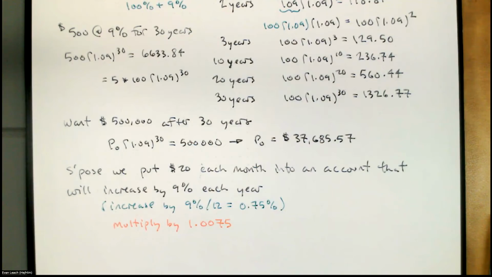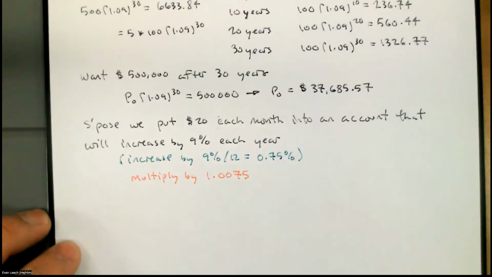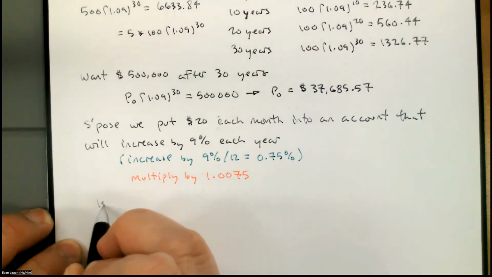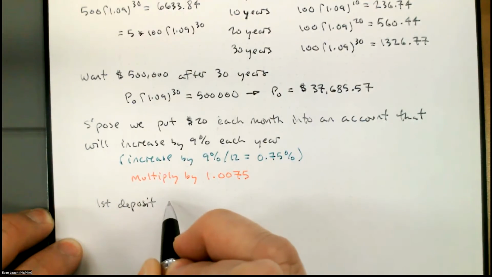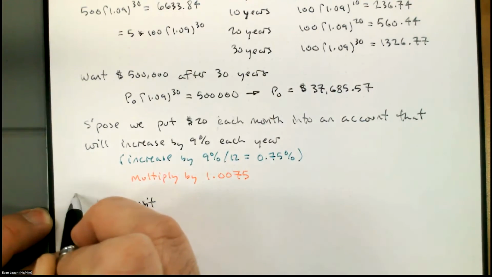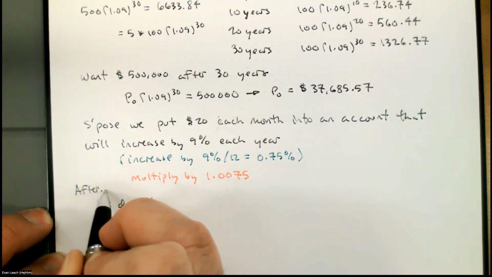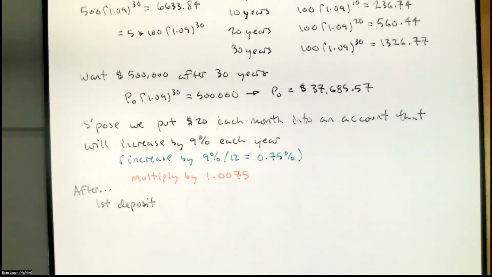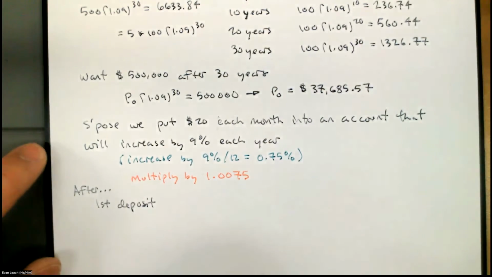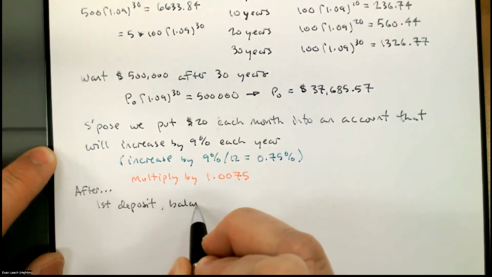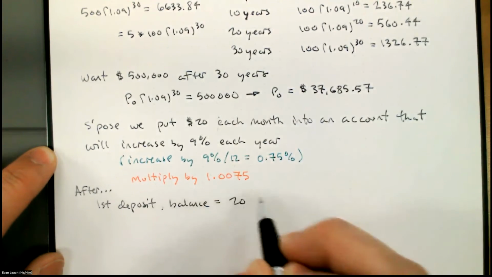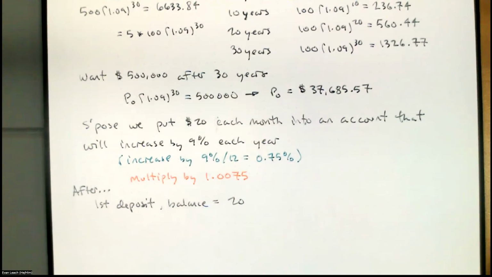So here's what we're going to start doing. Immediately after our first deposit, the balance is just going to be $20. That 20 is going to be our first deposit.